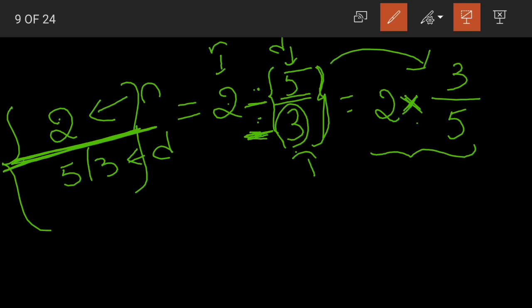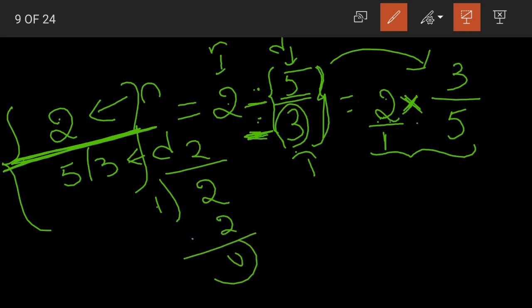Now how do you multiply these two? Whenever we have a number with no denominator, we assume that its denominator is 1. Because if I divide 2 by 1, the answer will be what? 1 2s are 2.